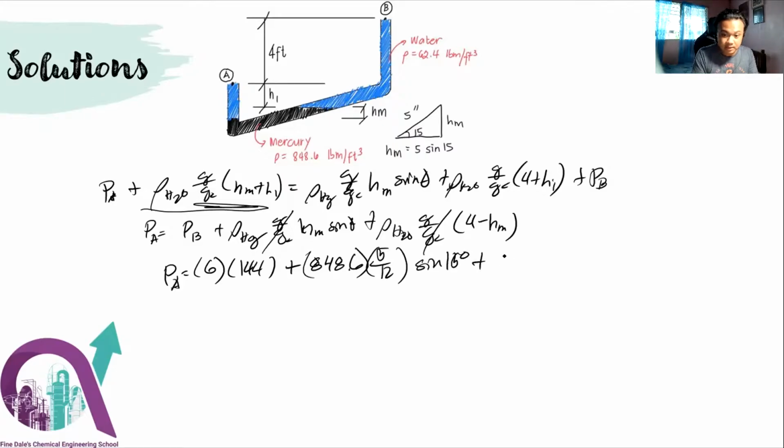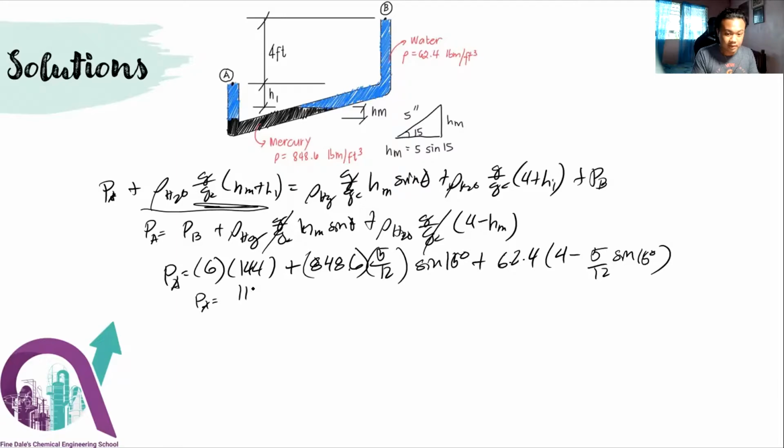Then plus the density of water, 62.4, and then we have 4 minus HM. So HM is 5 over 12 sine 15 degrees. Okay, so solve for PA.